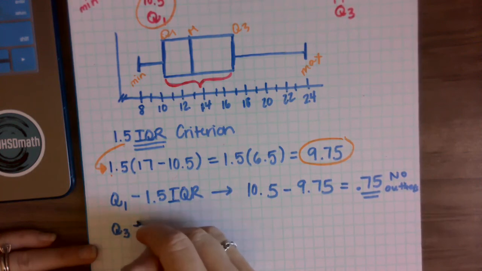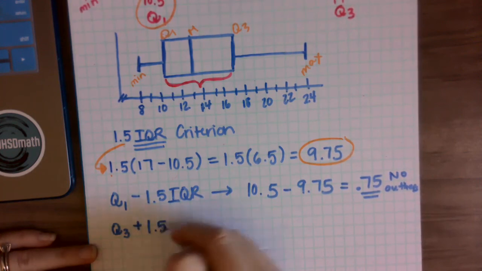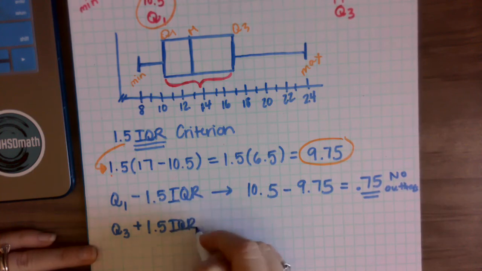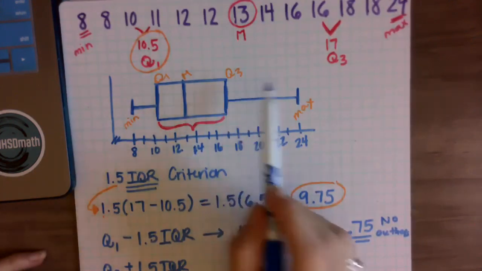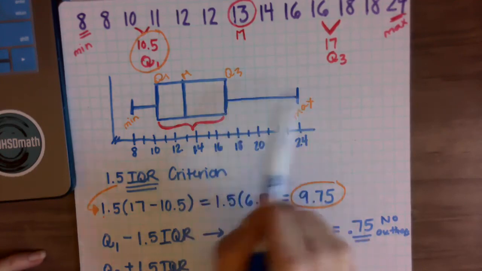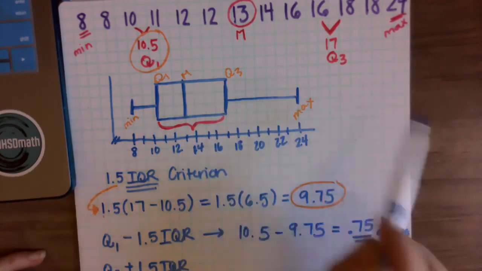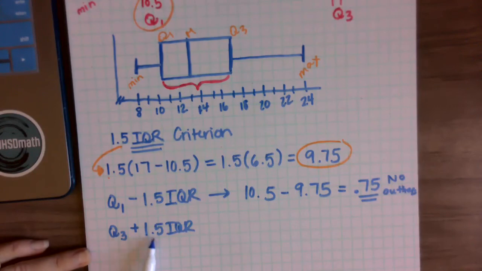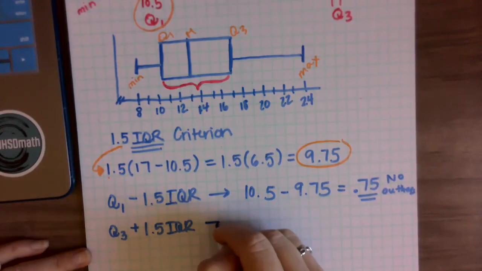You're going to take Q3 and add 1.5 IQR, meaning I'm going to take that 9.75 and add it to Q3, and anything outside on that larger end would be deemed an outlier. So here's the math behind it.